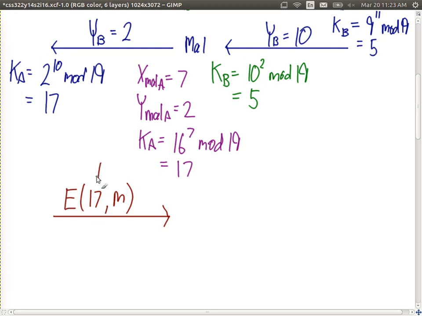So this is the key that was used to encrypt. The malicious user can decrypt. So that, let's be precise, that's the ciphertext, C. So they can decrypt because they also have the value 17. And now they learn the message, M.